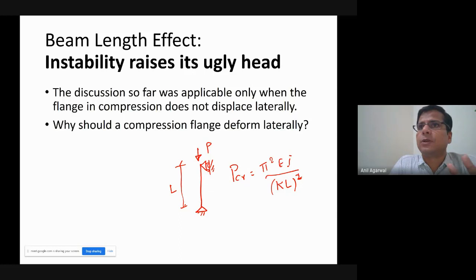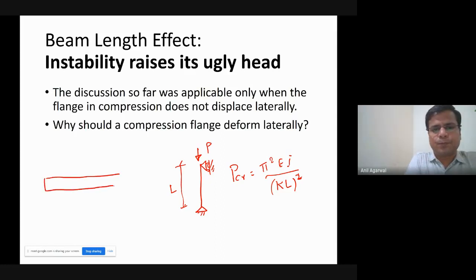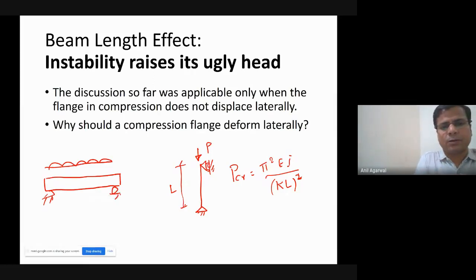That was a possibility for a column because wherever you have compression, there is a possibility of buckling, and a column is obviously completely in compression. In a beam also, if you think about it, half of the cross section is in compression. If I have a beam subjected to bending moment, and I take some portion of this beam, I can see that there is a net compression acting here and a net tension acting there, isn't it?